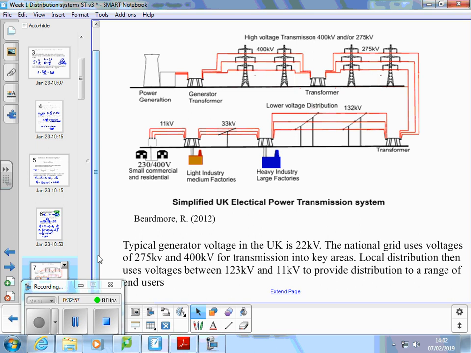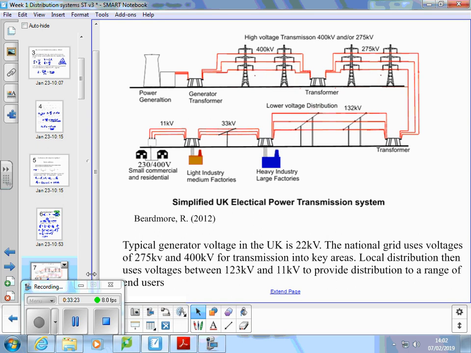So it's lowered down to 132 kilovolts, and really large heavy industrial customers might take their electricity at 132 kV and have their own networks that reduce it to the voltages that they need.